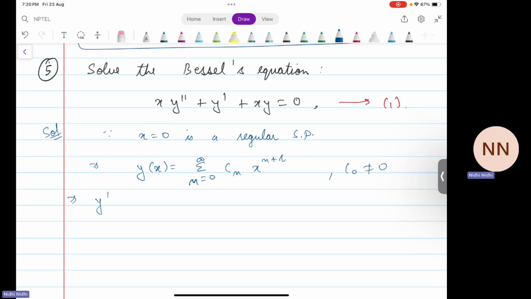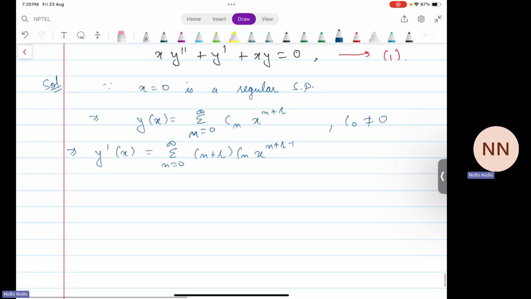This implies y dash x is equal to summation n from 0 to infinity (n plus r) Cn x to the power n plus r minus 1, and y double dash x is equal to summation n from 0 to infinity (n plus r)(n plus r minus 1) Cn x to the power n plus r minus 2.